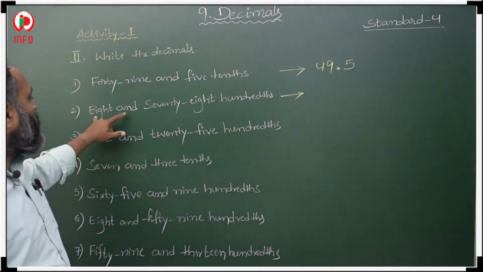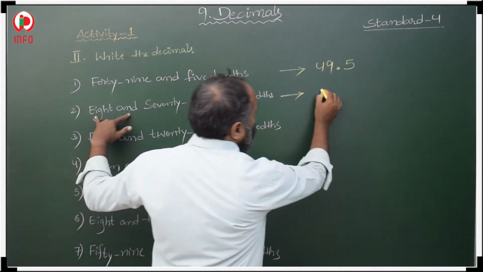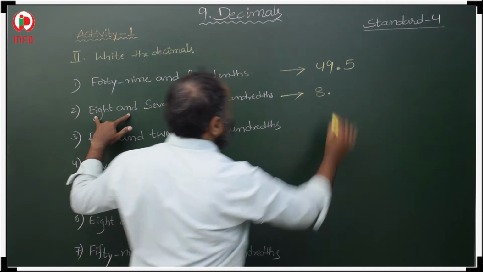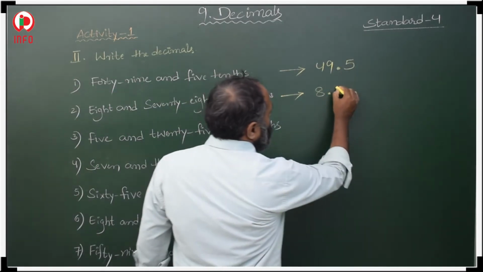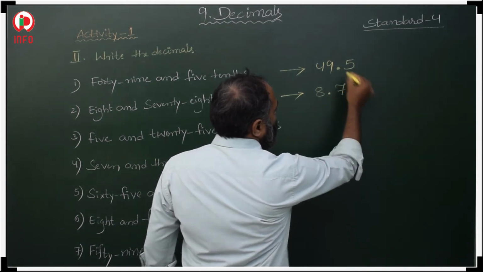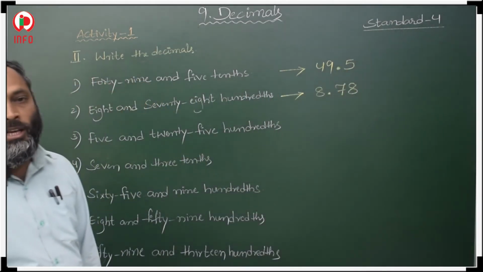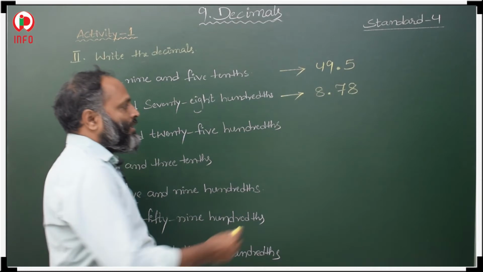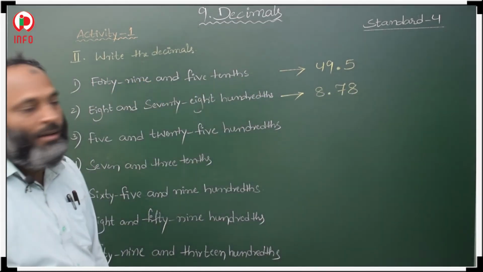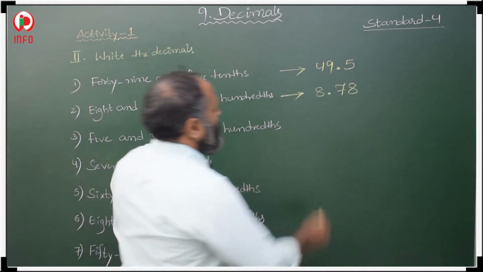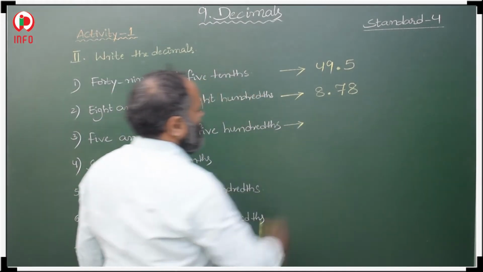Next, 8 and 78 hundredths: first write 8, and "and" means point, then 78 hundredths. If we have two digits after the decimal, that means hundredths.